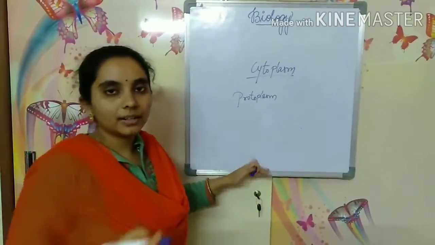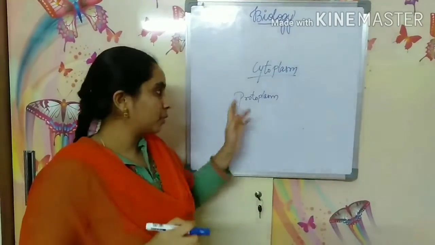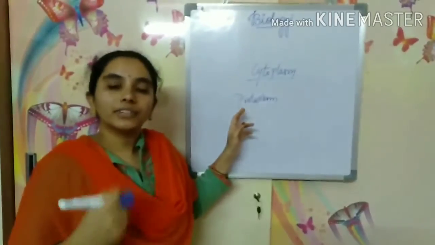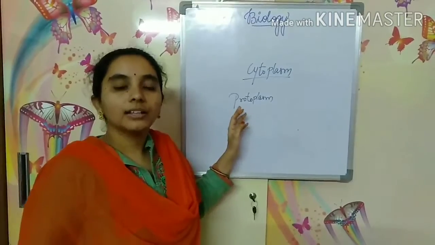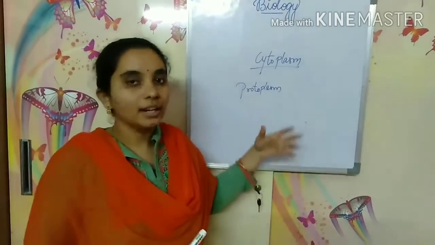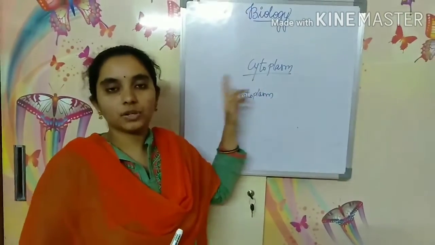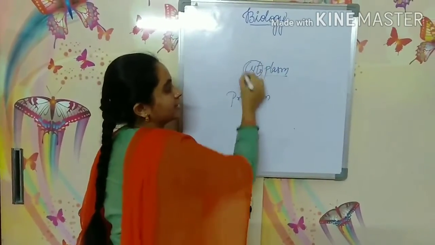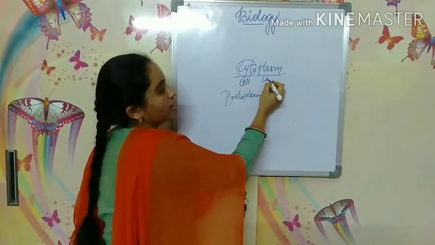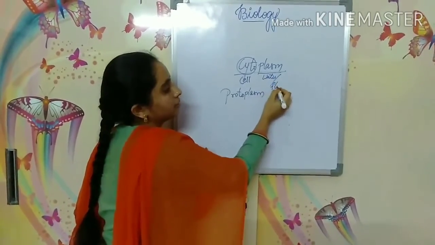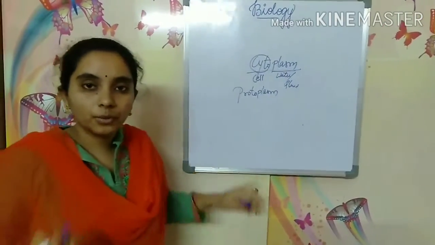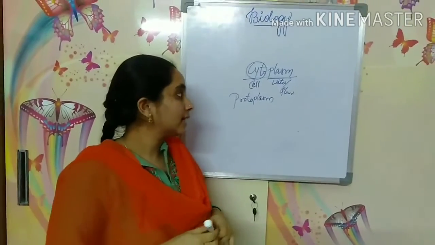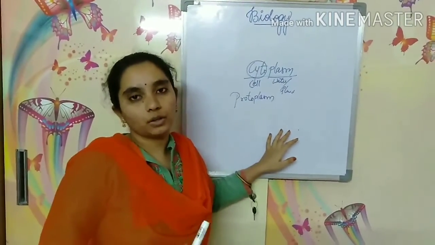Initially they called cytoplasm protoplasm, but after some research was done, the scientists called it cytoplasm. Cyto means cell, and plasm means water or fluid. So the fluid or water present in the cell is called cytoplasm.